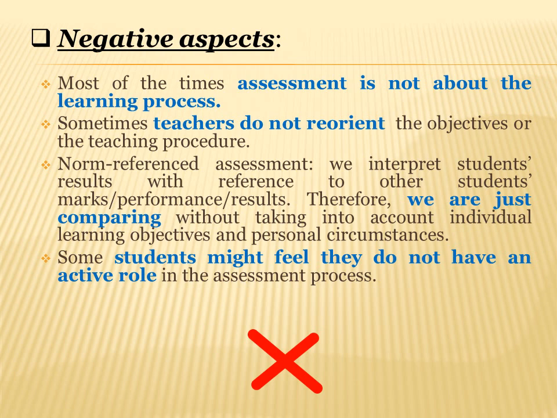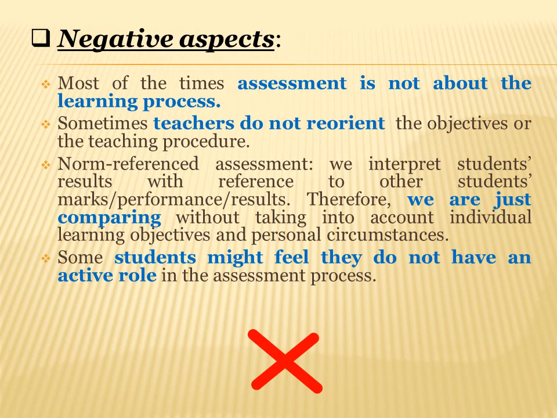And we need to take into account that for teachers and for students, the process is more important than the result. Another thing is that sometimes teachers do not rearrange the objectives or the teaching procedure, right? When we find a problem, we need to change something so everything can be done in the right way. If we don't change it, students are going to do it in the wrong way.